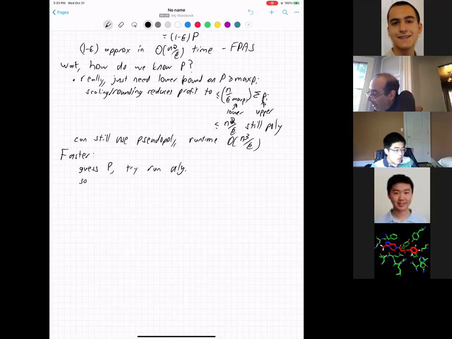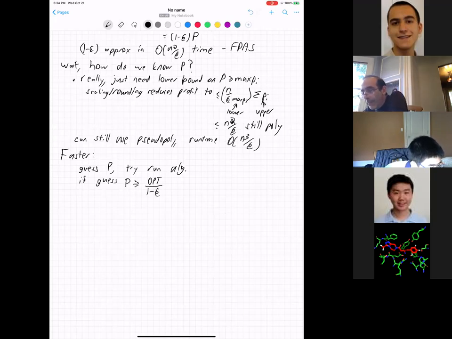Suppose first that our guess P is bigger than the optimum by a significant amount. So what happens when we run our algorithm?